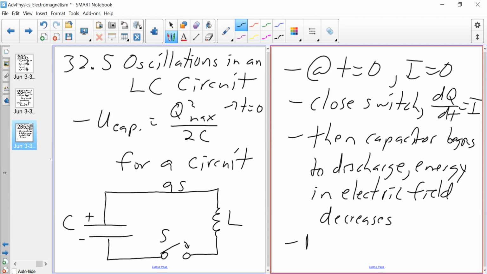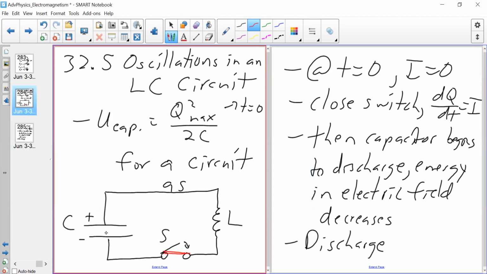So now the discharge of the capacitor becomes current in this inductor, because we have now a flow of charge. These charges are not held in place, as it were. And now once we get this closed switch, the charges start to flow as current through the inductor.